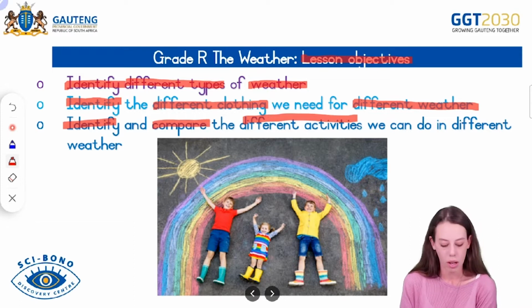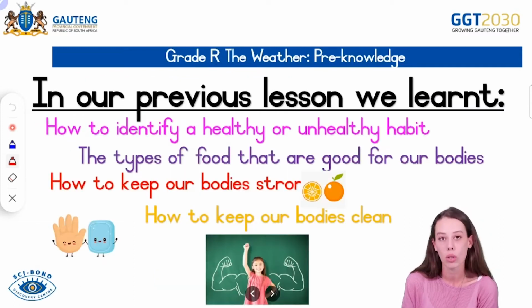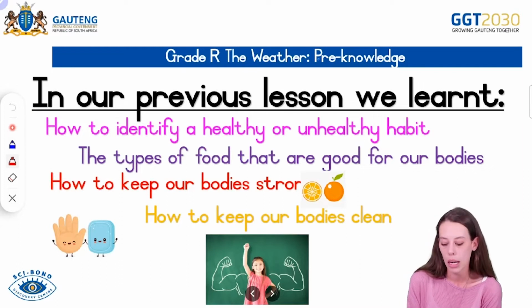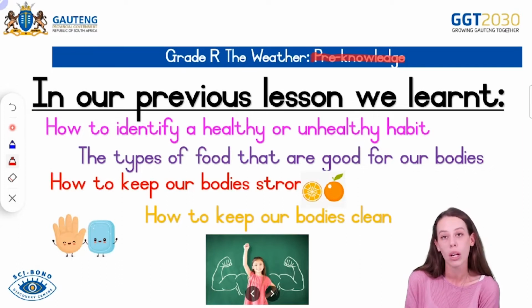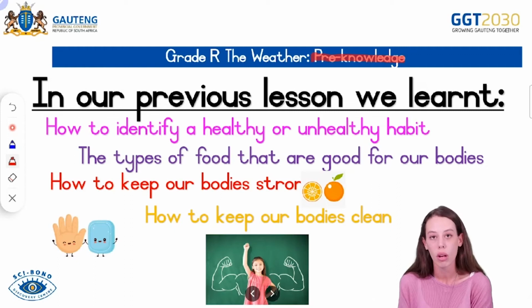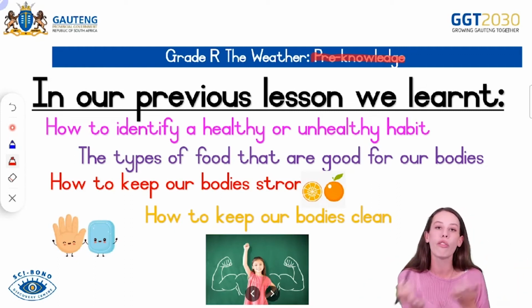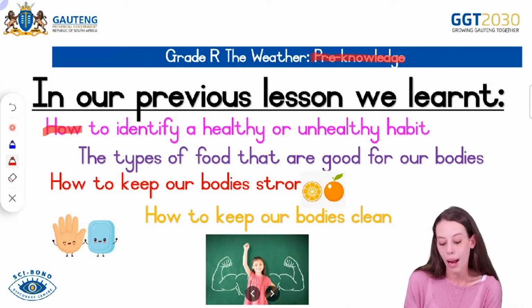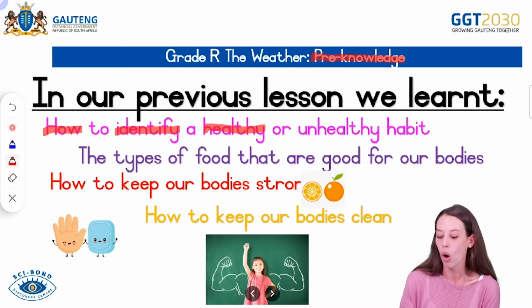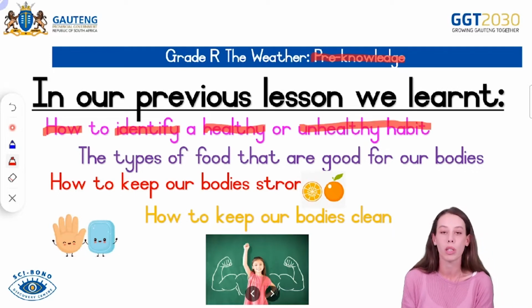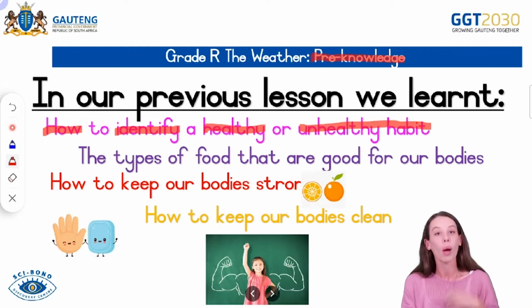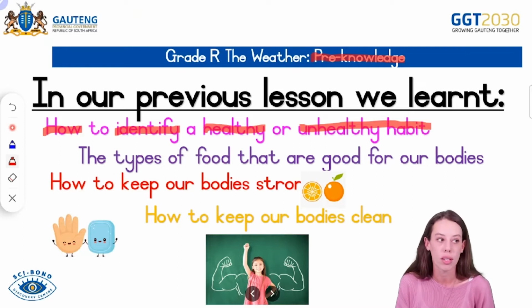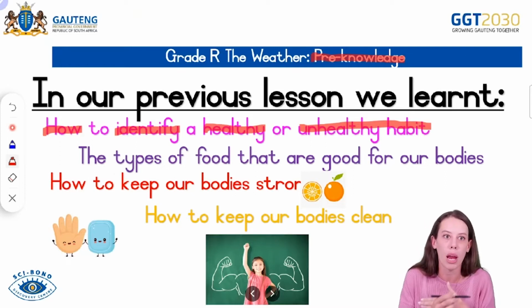Okay, right. Next up, we always need to talk about our pre-knowledge. Remember, pre-knowledge is what we learned previously, before. So the lesson before this lesson, we learned all about how to identify a healthy or an unhealthy habit. Remember, we spoke about things like brushing your teeth versus things like eating a big, big pile of sweets.